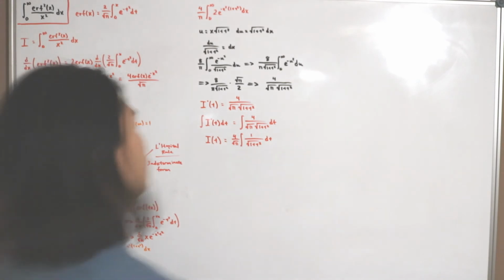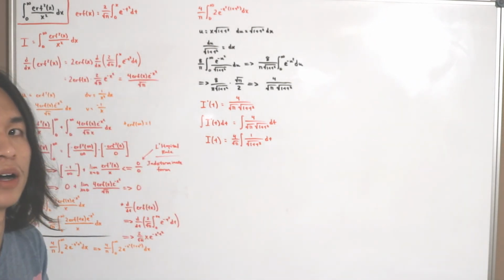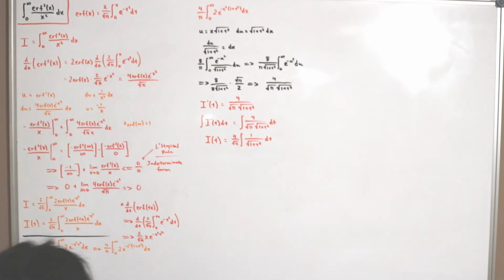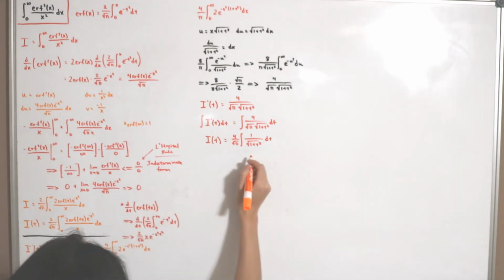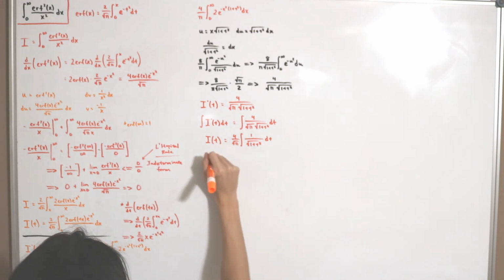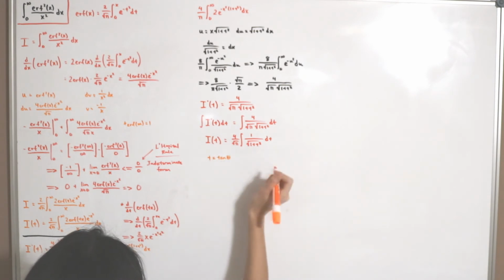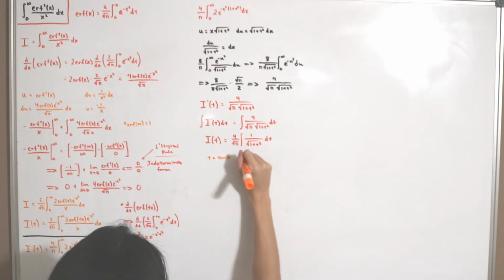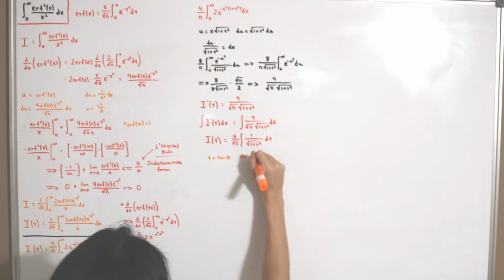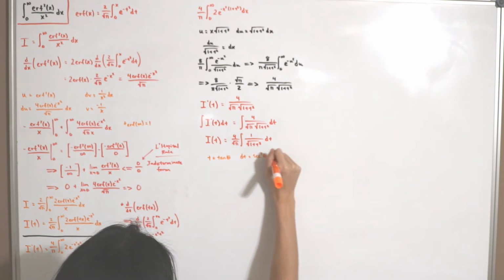Now to actually integrate this, we're going to have to do some u-substitution. This time I'll use it in terms of t. So I'm going to let t equal tangent theta. Then when we differentiate both sides, dt equals secant squared theta d theta.